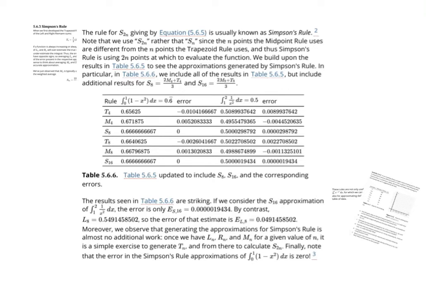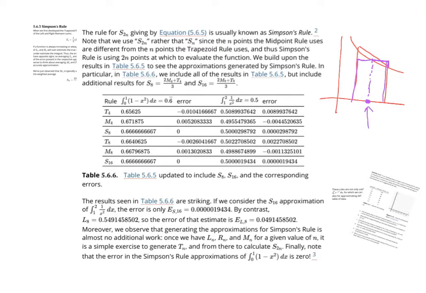Remember that the midpoint rule uses a point that's in the middle. So again, if I just take my example, the midpoint rule would use this function value here to get the rectangle.